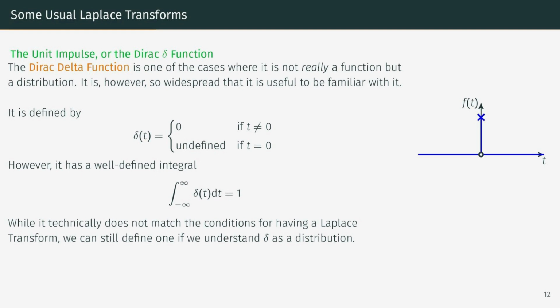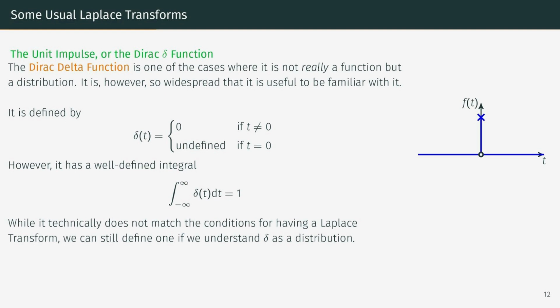It is defined by the Dirac function of t equals 0 if t is not equal to 0, and undefined if t equals 0. It does, however, have a well-defined integral. The integral of the Dirac function of t dt from negative infinity to infinity equals 1.